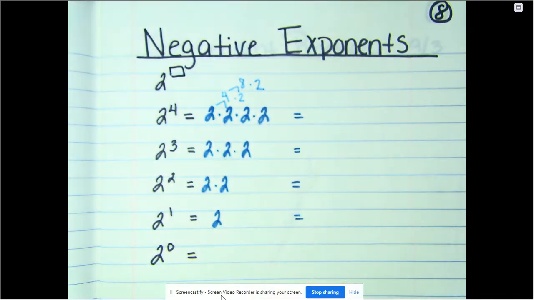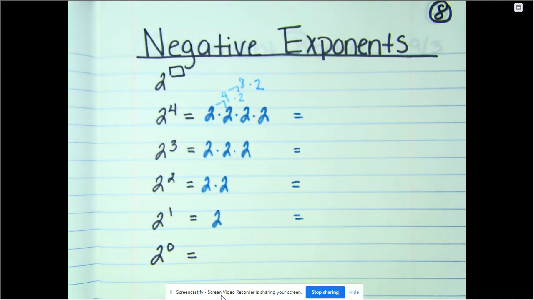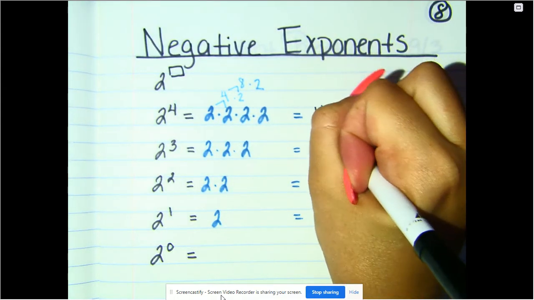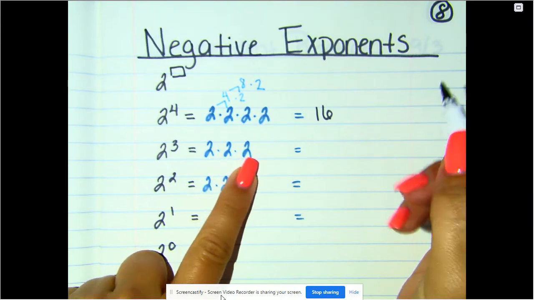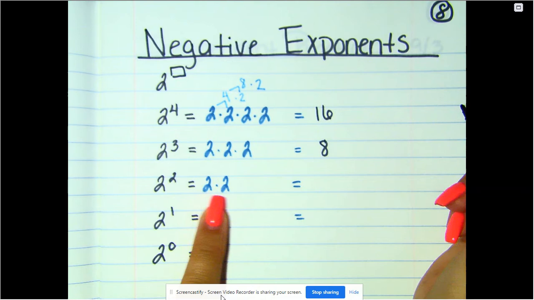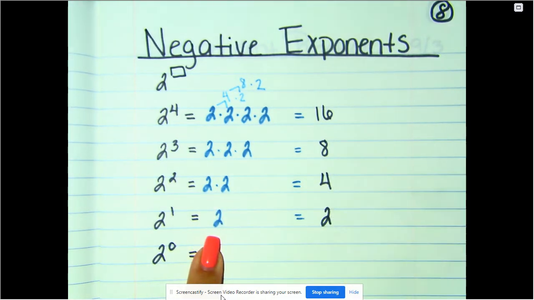Times the last or leftover 2, so 8 times 2 is 16. So that number is 16. Okay, 2 times 2 is 4, times 2 is 8. Okay, 2 times 2 is 4, and just 1 2 is 2.